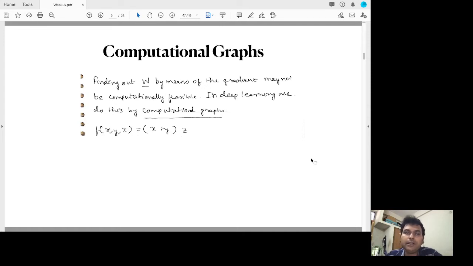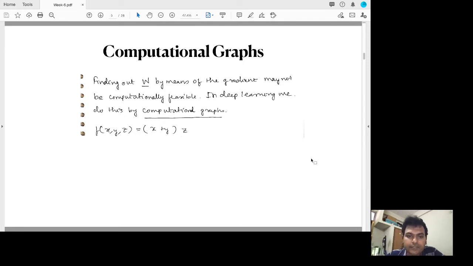Whenever you learn your model, all the gradients will flow via this computational graph. Understanding computational graphs is very simple, but important. The main question is that finding W by means of the gradient may not be computationally feasible, and I'll explain why as I go along. So in deep learning we do this by computational graphs.